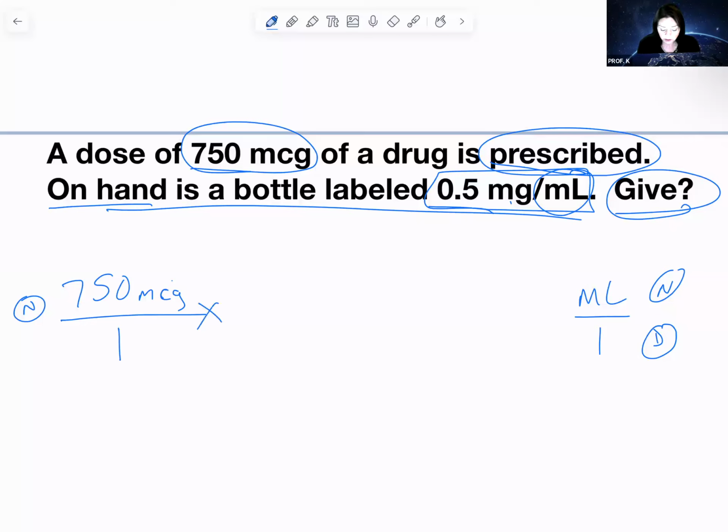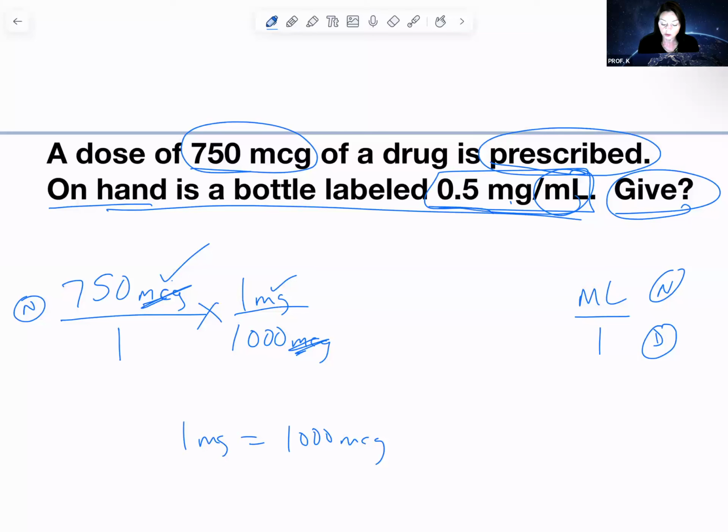Now I need my conversion. I know that 1 milligram is equal to 1,000 micrograms. I'm going to use it because I don't need micrograms, I need milliliters, so I have to get rid of micrograms. That crosses off my micrograms. Beautiful. But now I have to get rid of milligrams. How do I get rid of milligrams?